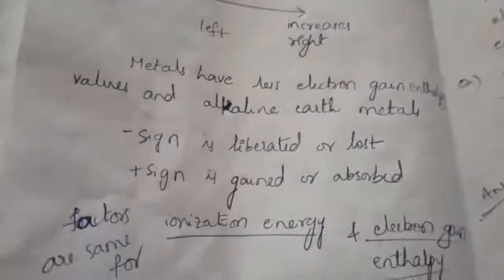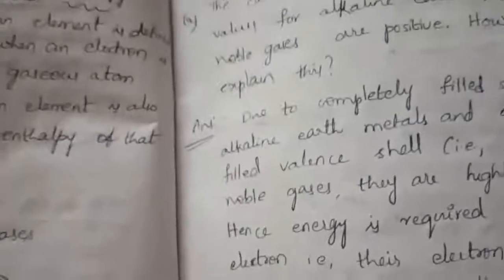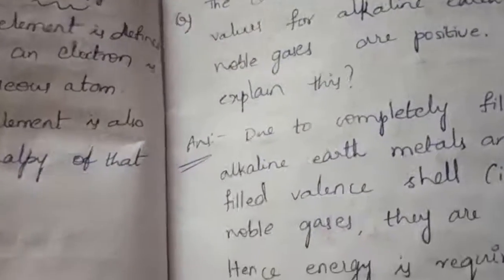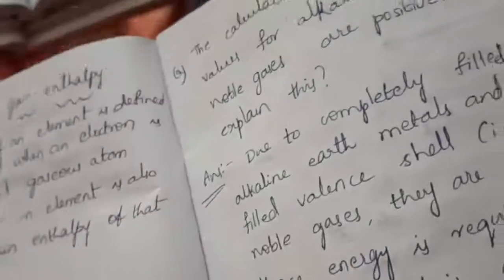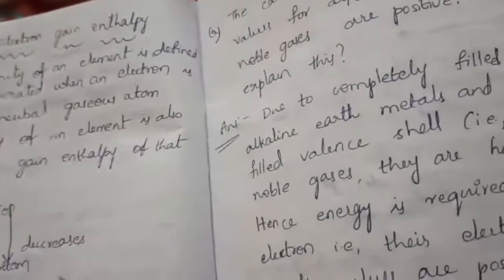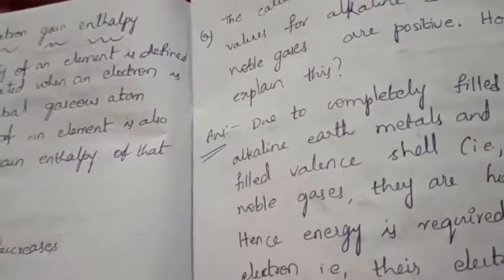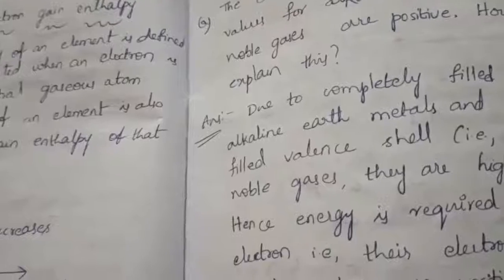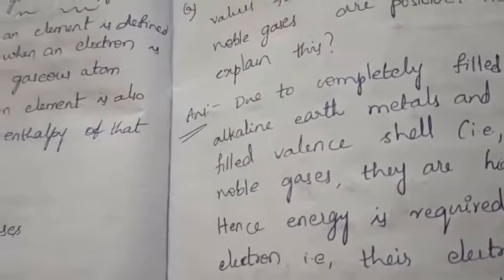I told you now, children, the sign is positive when there is absorption of energy. Due to the completely filled subshells, alkaline earth metals have completely filled valence shells. Hence energy is required to add an electron. That means absorption of energy is needed to gain an electron.